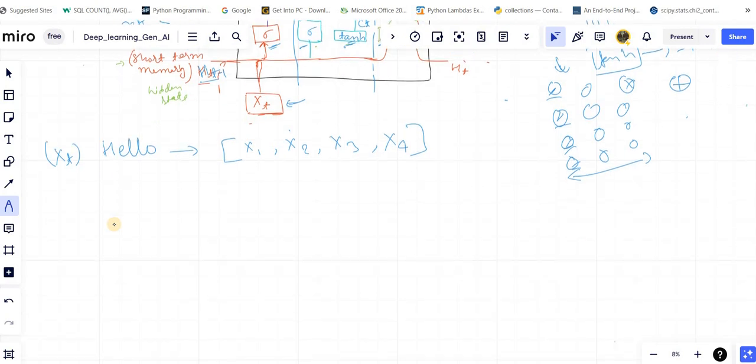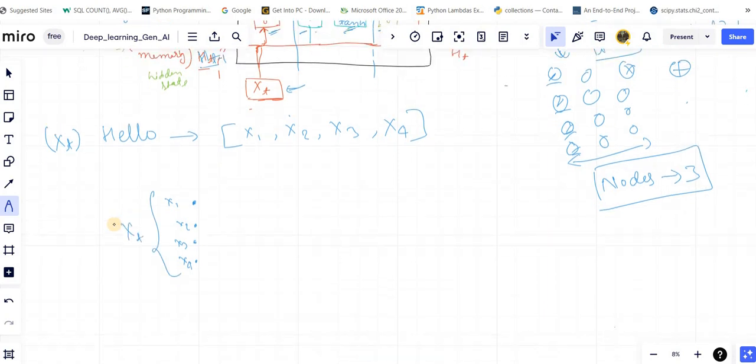Suppose this is one diagram for x1, x2, x3 and x4, and suppose we selected the LSTM nodes as 3. So this is the input for hello, the XT.